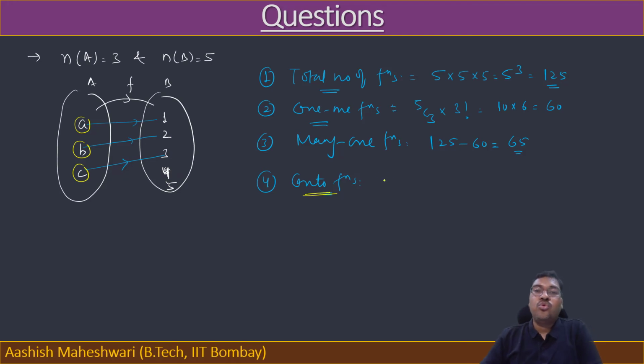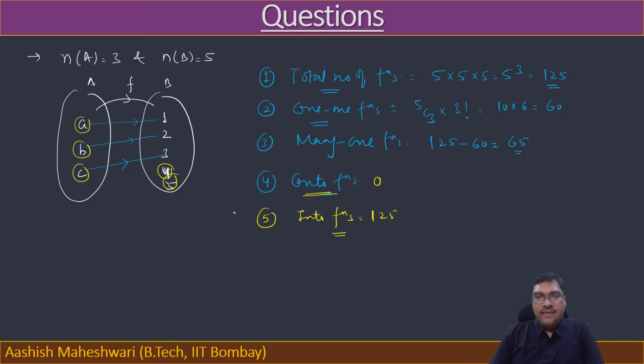That means there is no onto function, because there will be at least 1 element in set B which will not be mapped from set A. So the total number of onto functions will be 0, and the total number of into functions is equal to 125. That is, all the functions are into functions. This is the simple logic of getting the total number of one-one, many-one, onto and into functions.